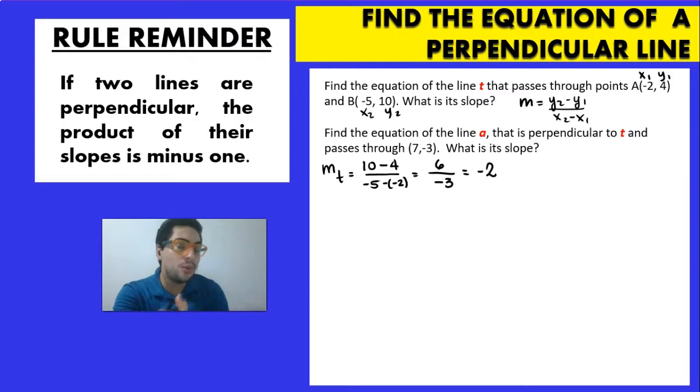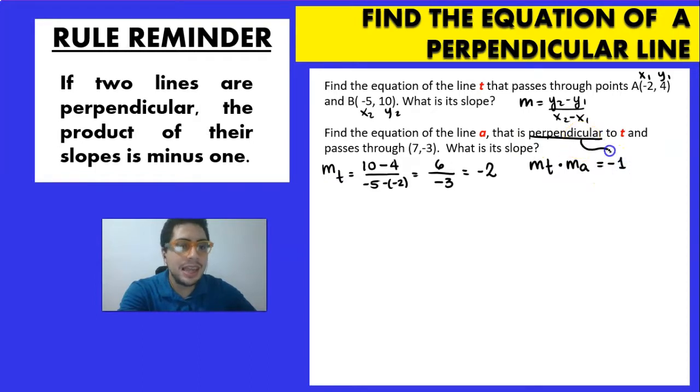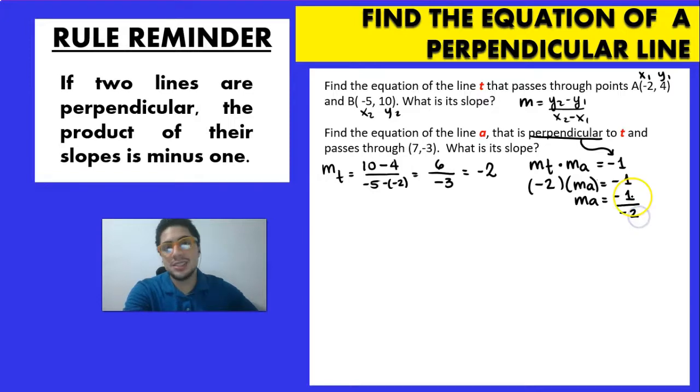Now, because of what we mentioned, the slope of T multiplied by the slope of A, which is perpendicular to T, is going to be -1. So -2 multiplied by the slope of A is equal to -1, which means that the slope of A is -1 divided by -2, because the -2 is multiplying, so it then divides.